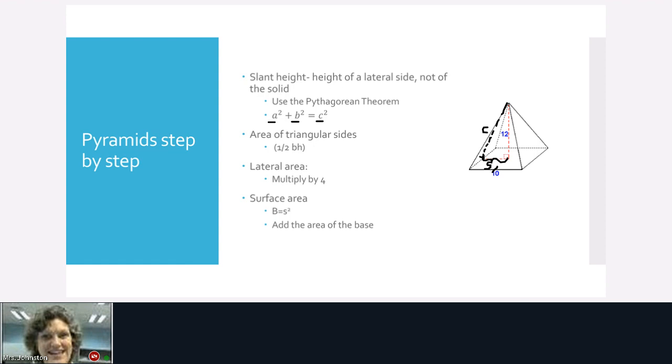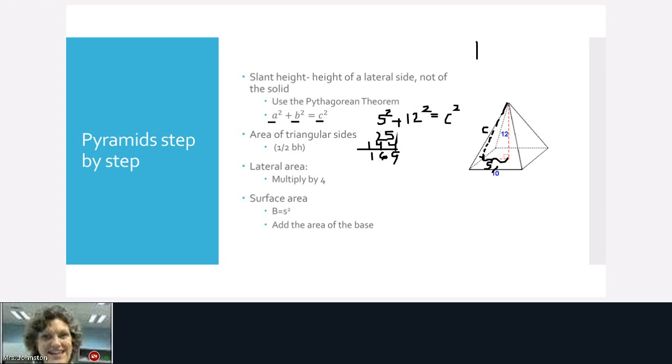So using that, I've got 5 squared, that's one leg squared, plus 12 squared, the other leg of this triangle, equals the slant height squared. We'll call it c for now. 5 squared is 25. 12 squared is 144. If I add them together, I get 169 equals c squared.